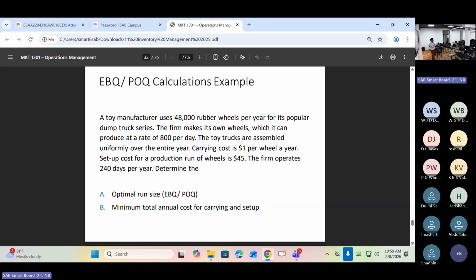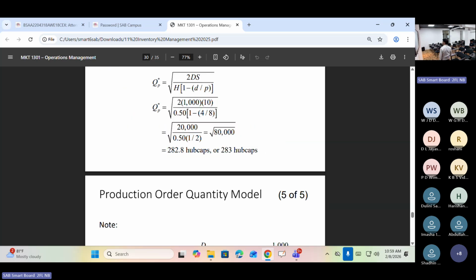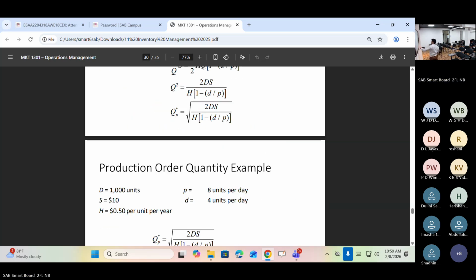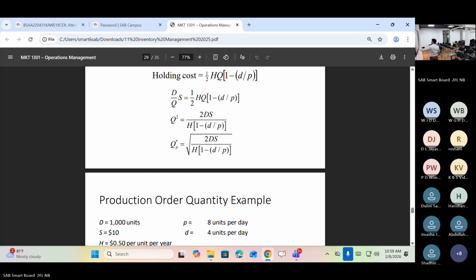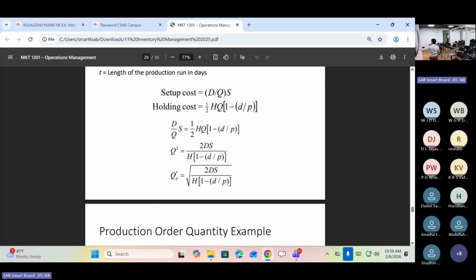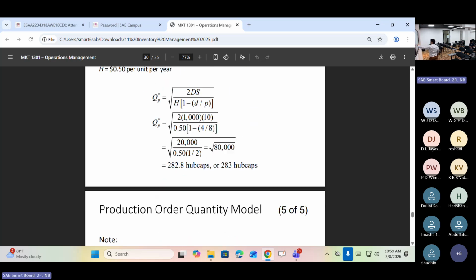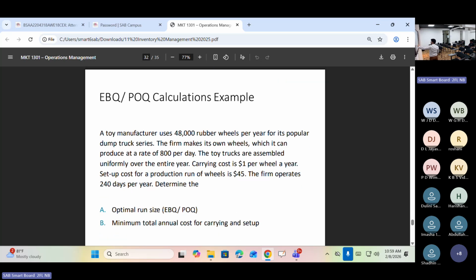Use the simple equation we identified above, so that at least you can calculate the total cost later. Calculate EBQ using the equation. You'll have to identify some values here.